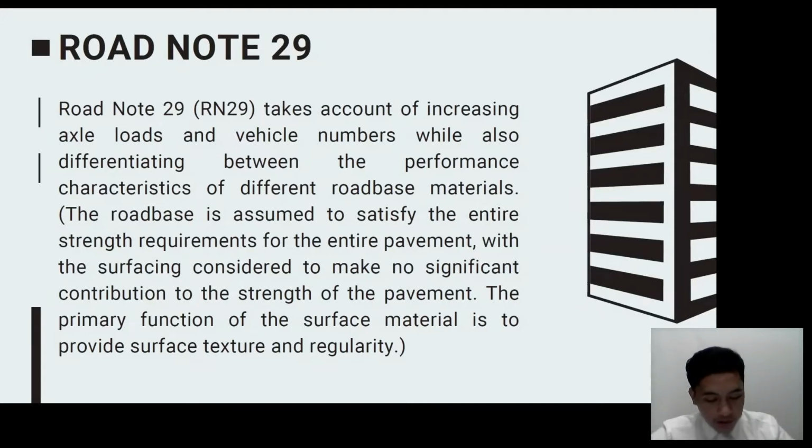The road base is assumed to satisfy the entire strength requirements for the pavement, with the surfacing considered to make no significant contribution to the strength of the pavement. The primary function of the surface material is to provide a surface texture and regularity.